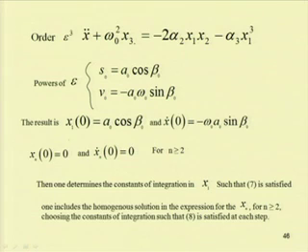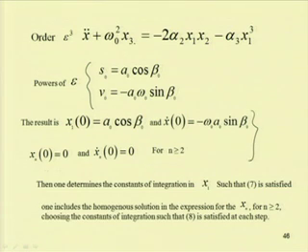So, one can write the initial condition this way: x1(0) equal to A0 cos beta 0, and x dot(0) equal to minus omega 0 A0 sin beta 0, and the higher order terms, that is x2(0) equal to 0 and xn dot(0) equal to 0, for n greater than 2.